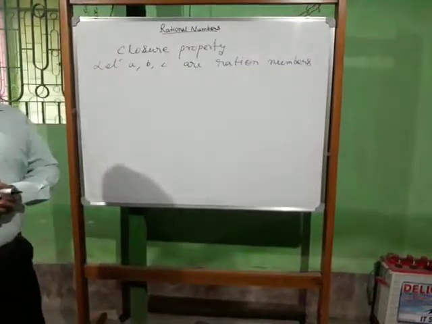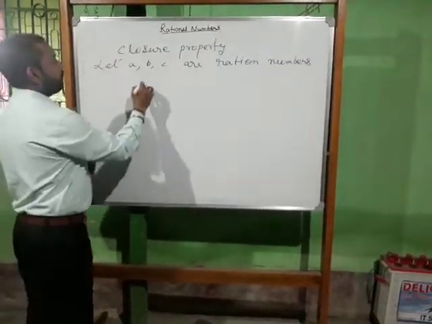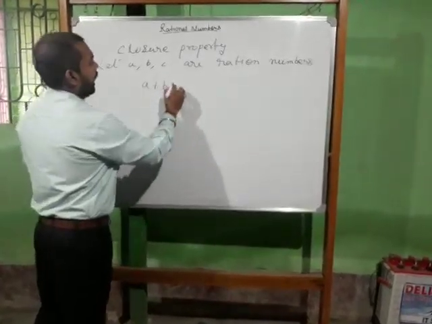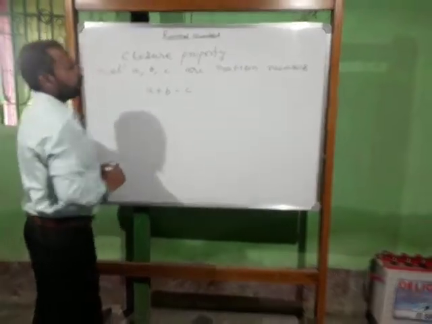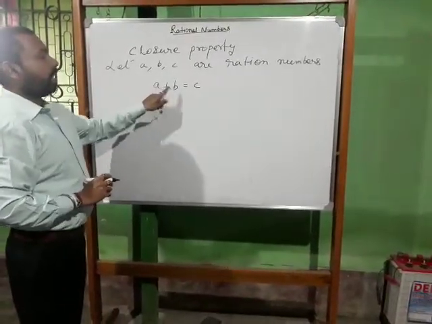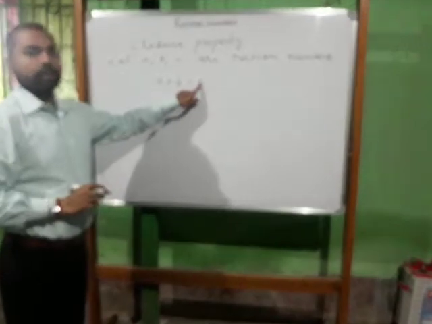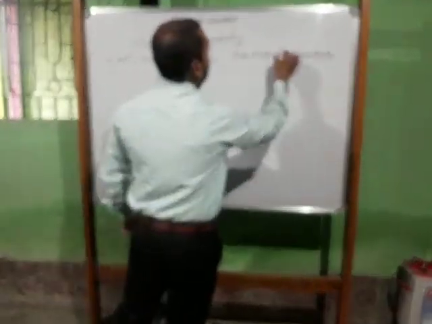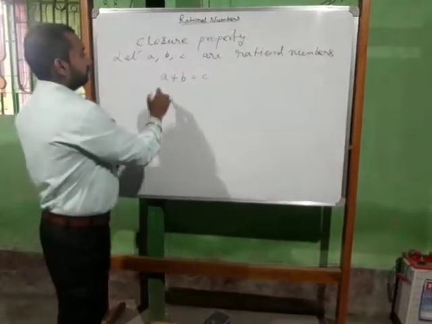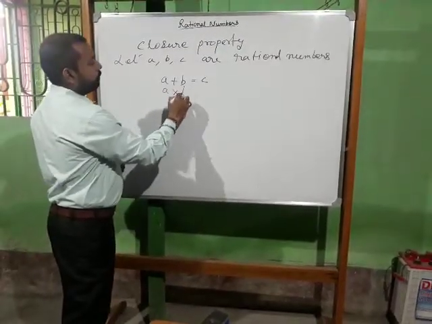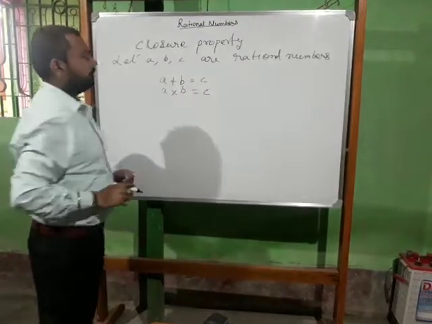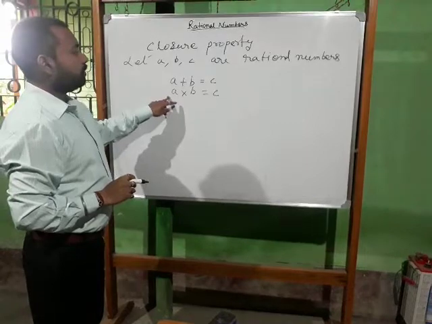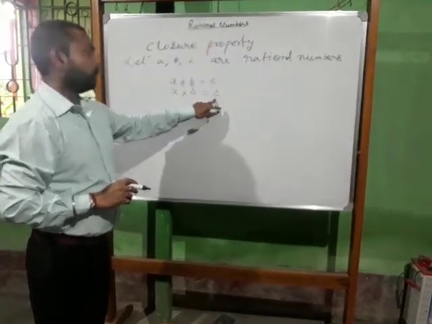Then according to closure property, A plus B is equal to C. That means rational number plus rational number is equal to a rational number. Then A into B is equal to C. That means if we multiply two rational numbers, the result will also be a rational number.